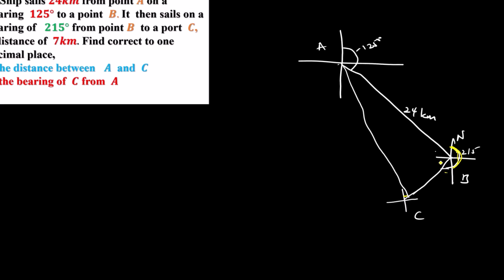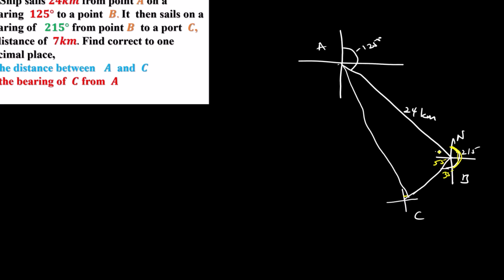Once we know this side, we can find this side, because this side from 90 degrees. So let's subtract 180 from 215. So this side is 35. And if this side is 35, what will be this side? It means 90 minus 35. So this side is 55.